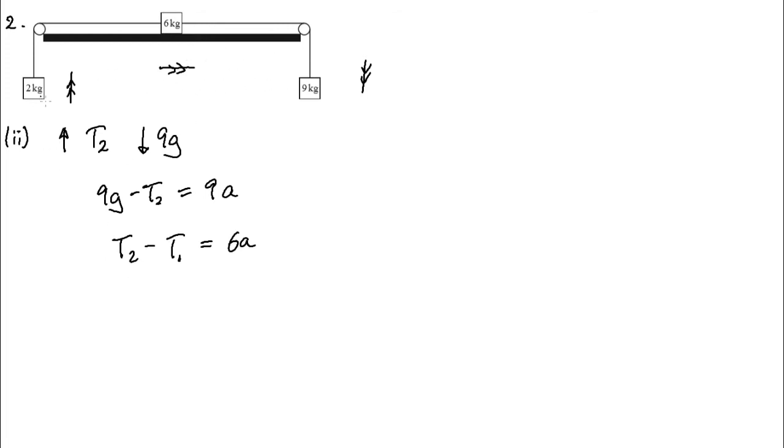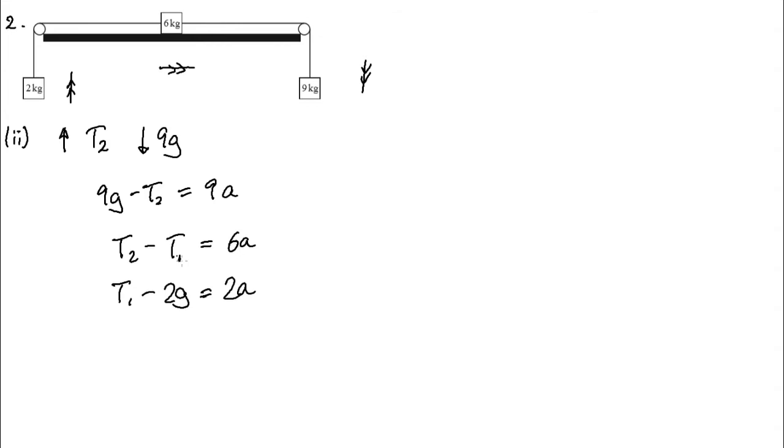Now, same thing for the 2 kilogram mass as the 9 kilogram mass. We have again a resultant force equal to mass times acceleration, but this time the larger force is the tension. So we have T1 subtract 2g equals 2a. The main difference is that the direction of travel determines whether you have the weight subtract the tension or the tension subtract the weight.